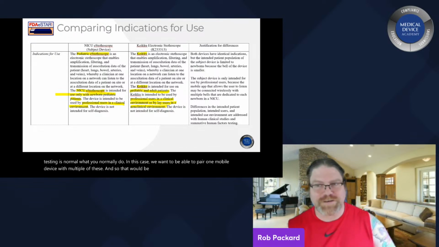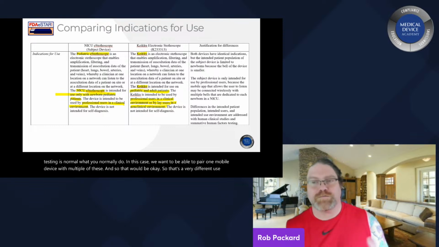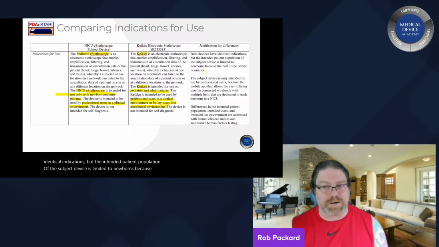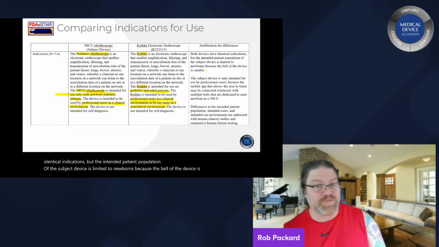So that's a very different use case. And so what we come up with for the justifications over on this other column is they have both the same identical indications, but the intended patient population of the subject device is limited to newborns because the bell of the device is smaller. So we give a reason.